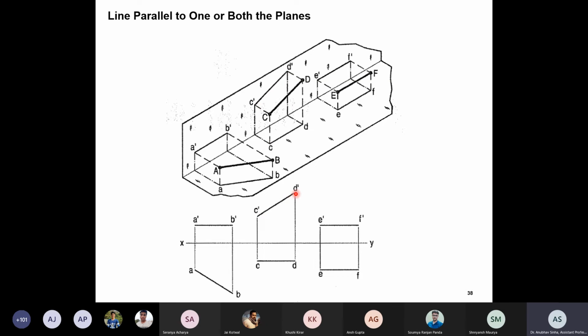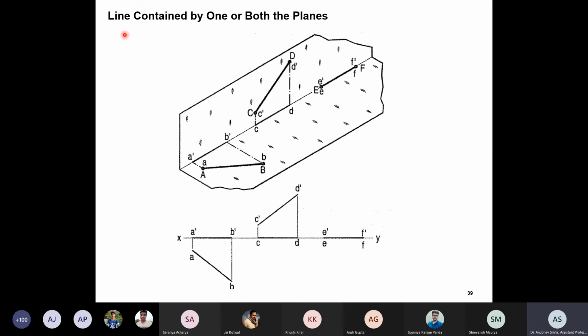You draw that, then you create parallel lines which will meet the horizontal plane, and CD will be shown. Similarly, EF is parallel to both the planes, so it should show E dash F dash, which is shown here, and EF, which is shown here. Again, I am repeating: you don't need to draw this hash type of figure. Okay.